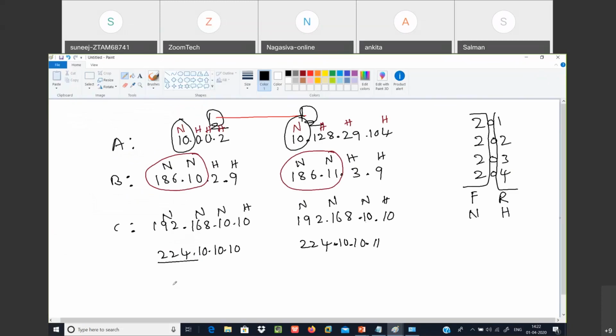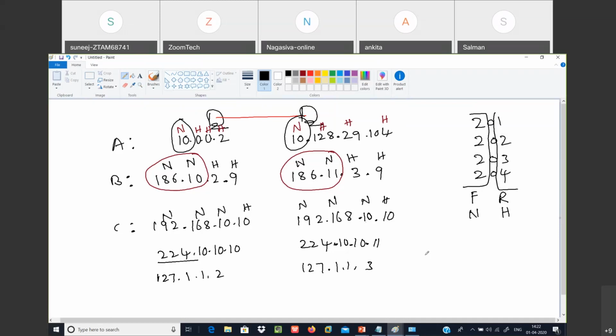The next point is 127.1.1.2 and 127.1.1.3. Will they communicate, guys, now? Very good, Rakesh, Nikita. See, 127.1.1.2 is which class IP address, guys?